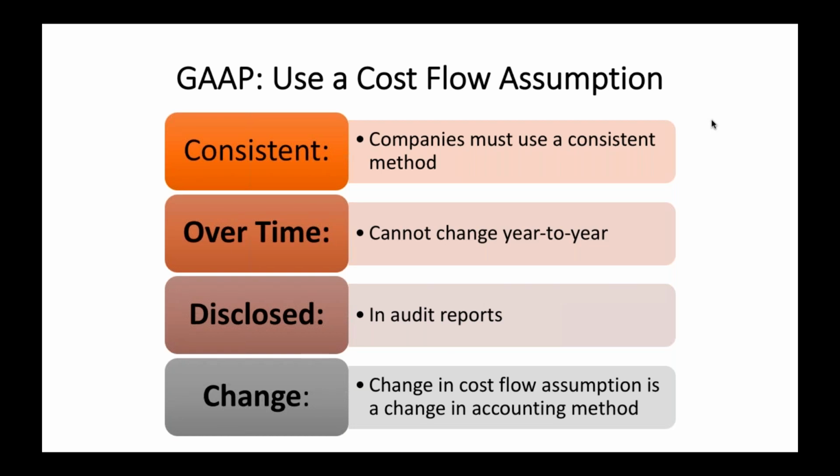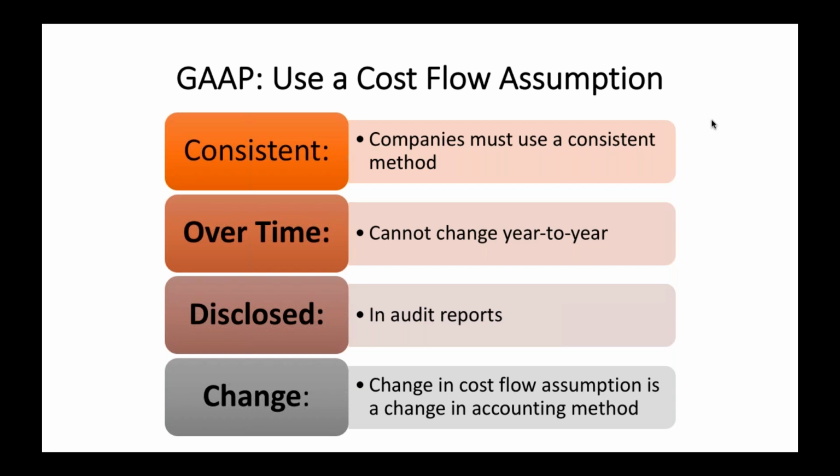So manufacturing companies are allowed to use a cost flow assumption, and there are certain conditions that have to be met to use it. One is consistency. Companies must select a consistent method, and they can't change year to year.